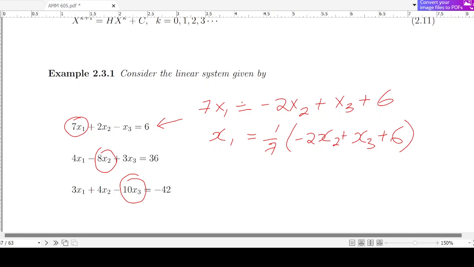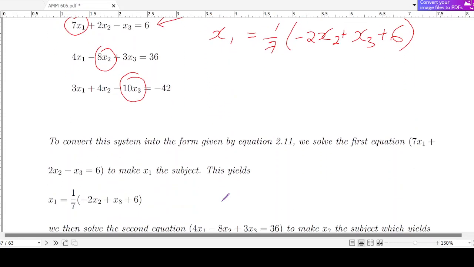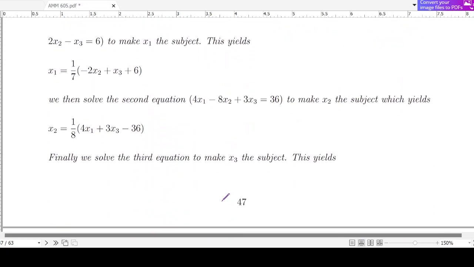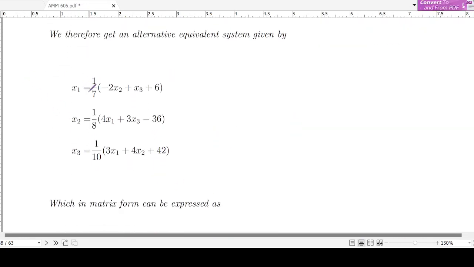We make x1 the subject from the first equation. From the second equation, we can make x2 the subject, and from the third equation, we can make x3 the subject. Once we have done that, we will obtain an equivalent system where x1 is the subject in the first equation, x2 is the subject in the second equation, and x3 is the subject in the third equation.